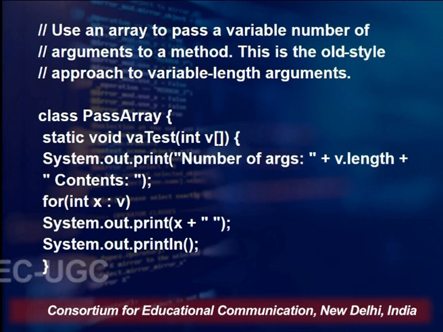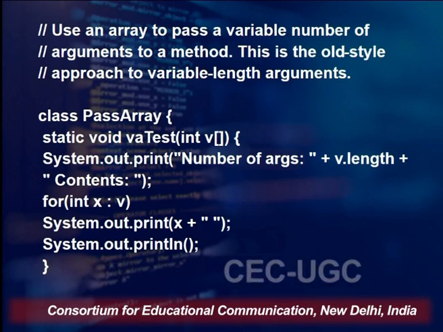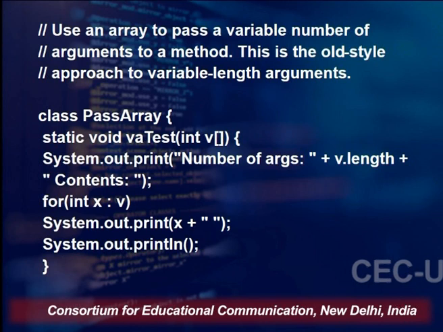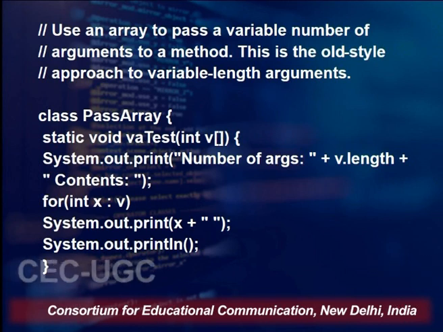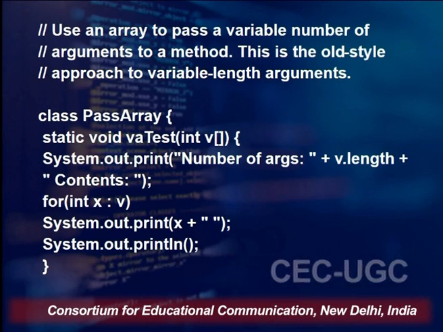As in our previous lecture, we have also seen the utility of the static keyword. So, here we have taken one static method which returns nothing, so static void, and we are going to test variable arguments.